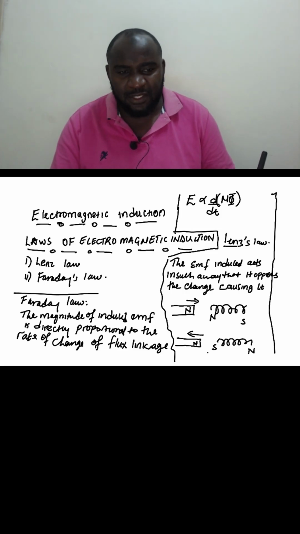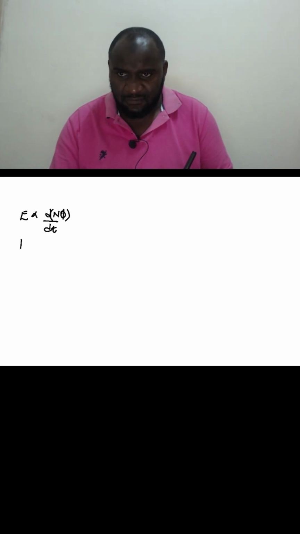Now, if you go back to Faraday's law, we have seen that from Faraday, EMF is directly proportional to the rate of change of the total flux, N phi, with time. So if you remove the proportionality sign, you get negative K dN phi/dt.